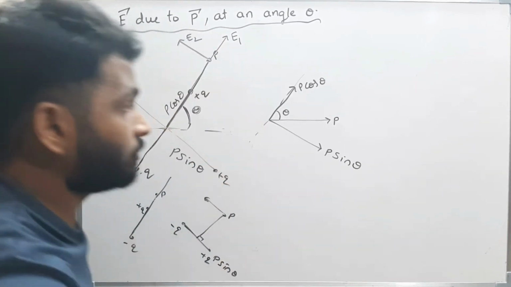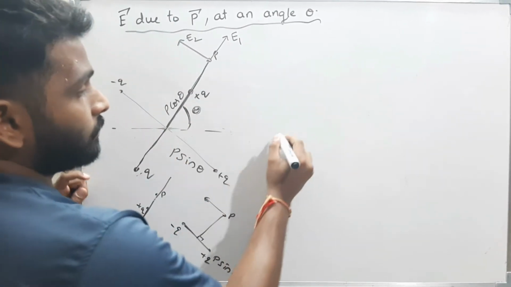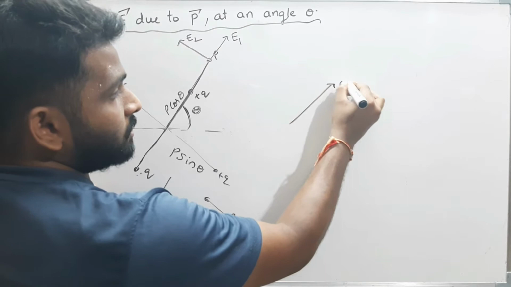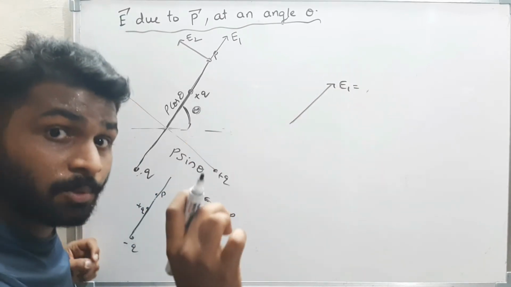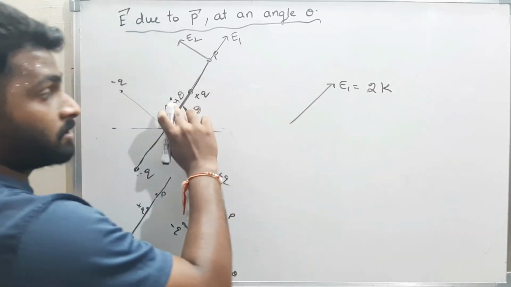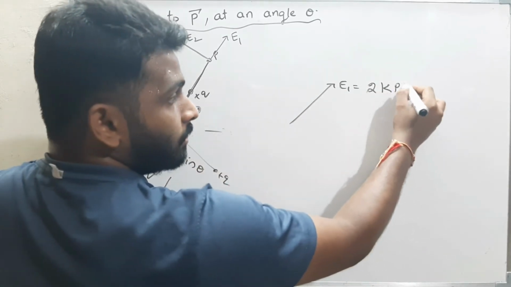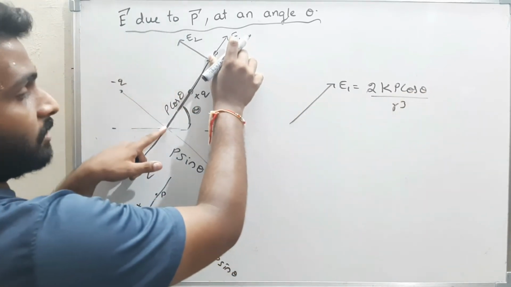Okay, now see what I am doing. This is E1. E1 is in axial position, therefore 2k instead of P, this P cos theta by the distance, the distance is r cube.